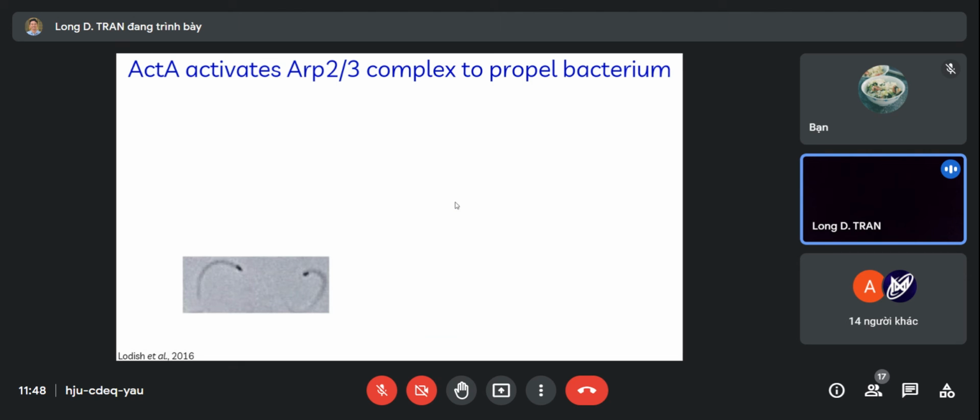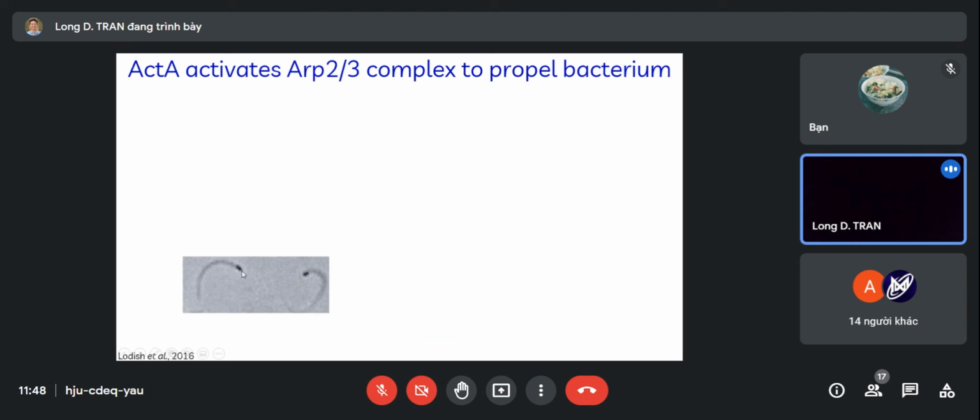In bacteria, they have a nucleation promoting factor that can activate the Arp2/3 complex. And when the Arp2/3 complex is activated on the bacterial cell membrane, then the formation of actin in gray here can push the bacterium forward.